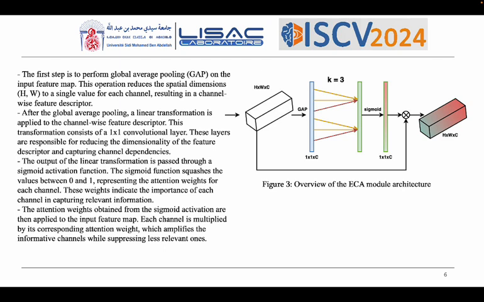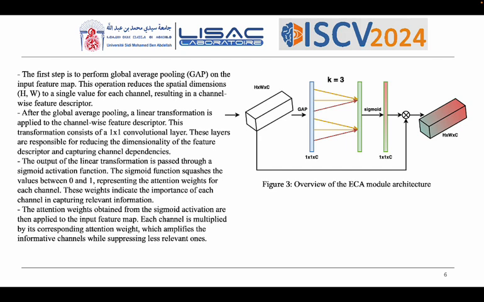This operation reduces the spatial dimensions, so that we have only a tensor with shape 1 by 1 by the number of channels, a single value for each channel. So this operation results in a channel-wise feature descriptor. It only contains information about the channels.